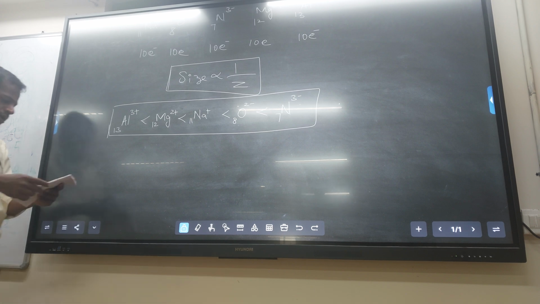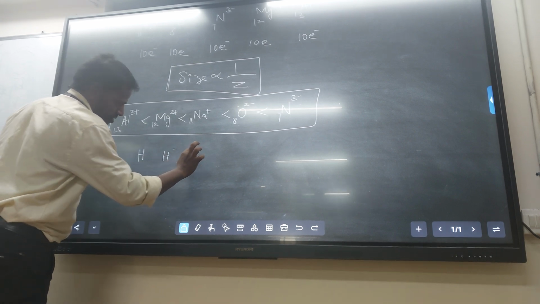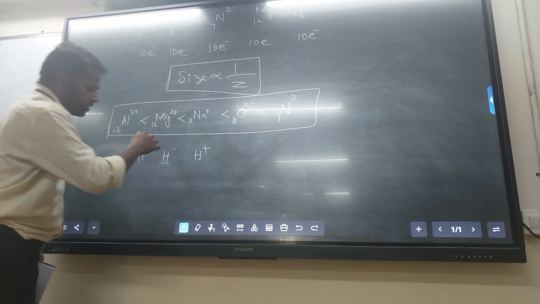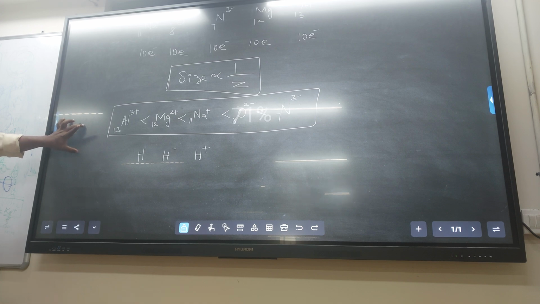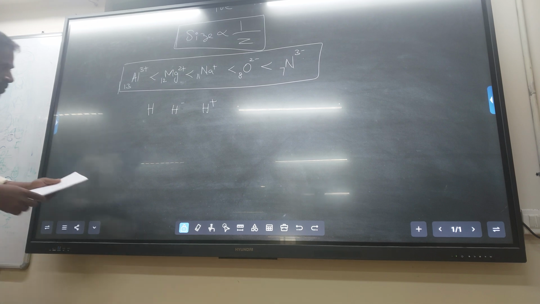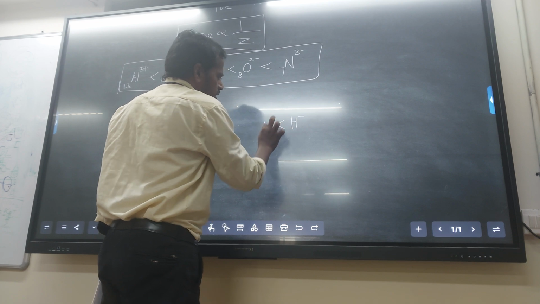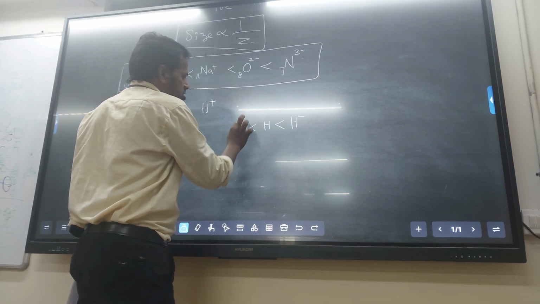Another example, you try to work out: hydrogen, H minus, H plus. Arrange these in increasing or decreasing order. H minus is first, H plus is last, right? H minus, then H, then H plus.